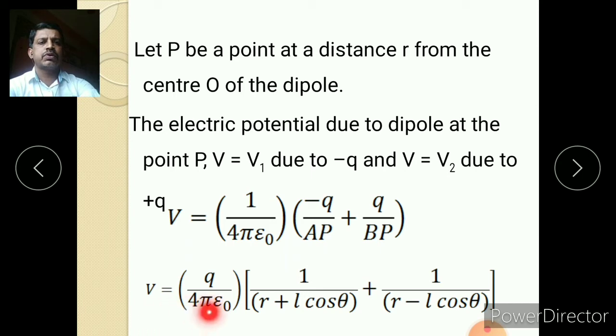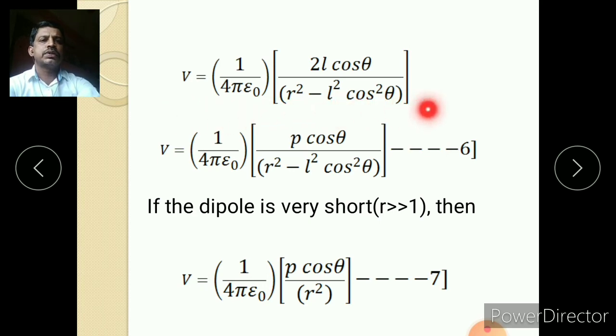Therefore, V is equal to Q upon 4 pi epsilon 0 into 1 upon r minus L cos theta minus 1 upon r plus L cos theta. Therefore, V is equal to 1 upon 4 pi epsilon 0 into 2QL cos theta upon r square minus L square cos square theta. Here 2QL is nothing but P. Therefore, V is equal to 1 upon 4 pi epsilon 0 P cos theta upon r square minus L square cos square theta.